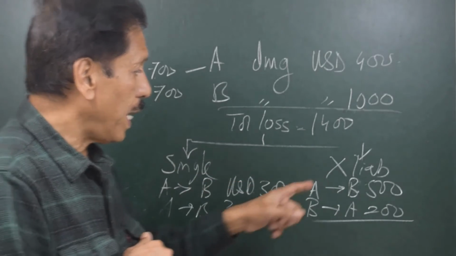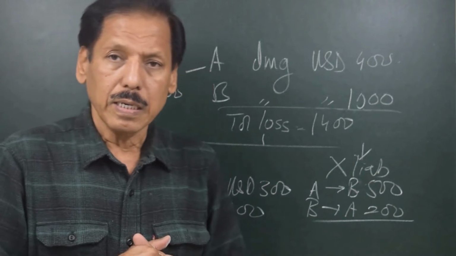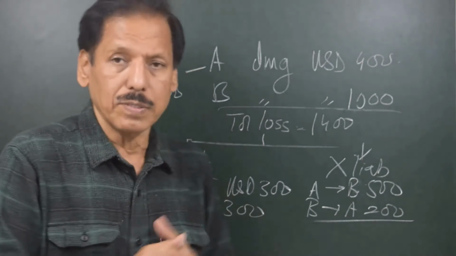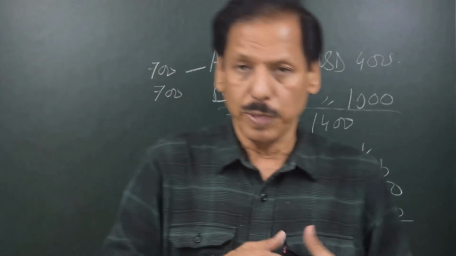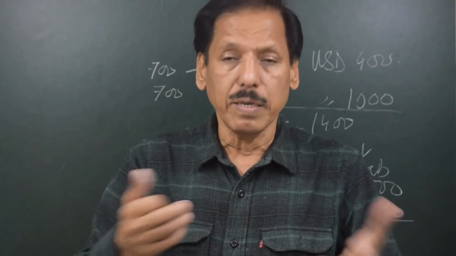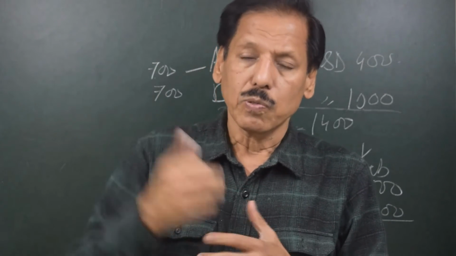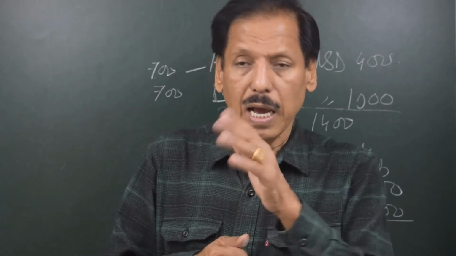But here A is paying B 500, so P&I will reimburse ship A with USD 500. That is the difference. The difference arises if P&I must reimburse the ship for the damages that the ship has paid to the other ship.